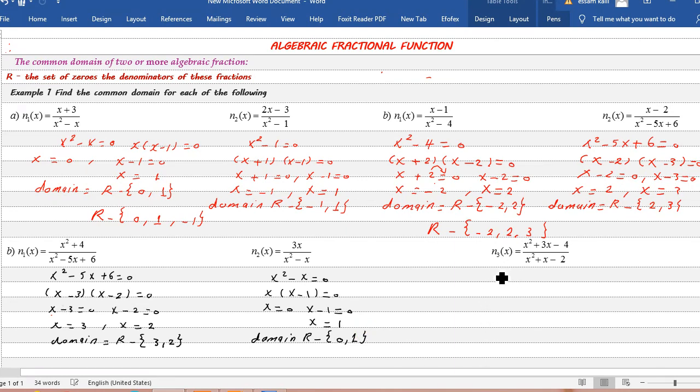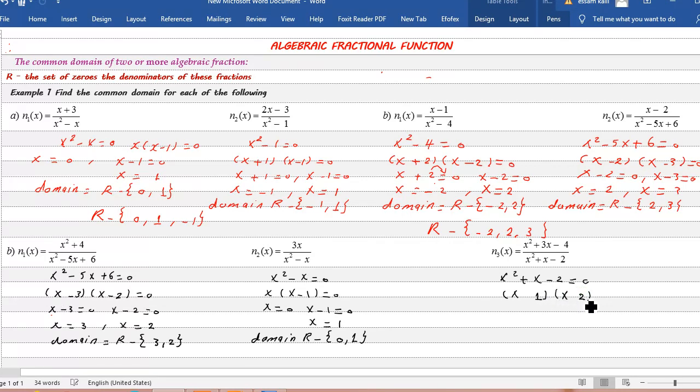n3: find the domain of n3. Put the denominator equal to 0 to find the set of zeros of the denominator. So x² plus x minus 2 equals 0. Make factorization: x and x. Find two numbers whose product equals 2 and whose difference equals 1: 1 times 2.